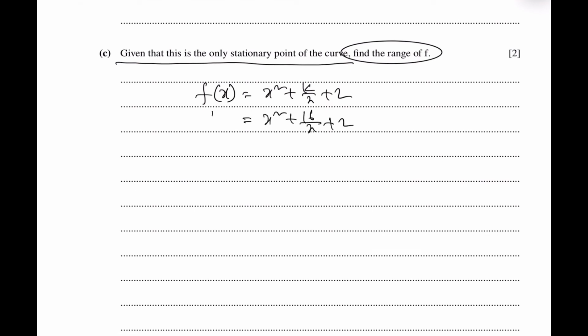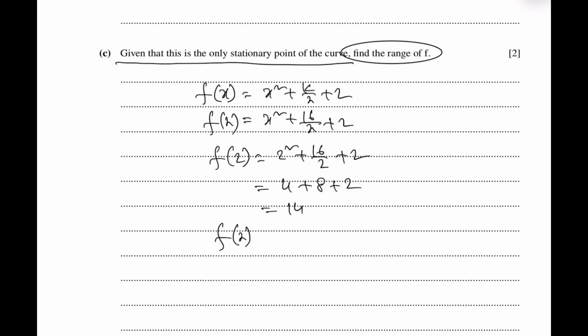Let me substitute f(2) equals 2 squared plus 16 by 2 plus 2. Now simplify: 4 plus 8 plus 2, that is 14. That means it is the minimum. So f(x) must always be greater than or equal to 14.